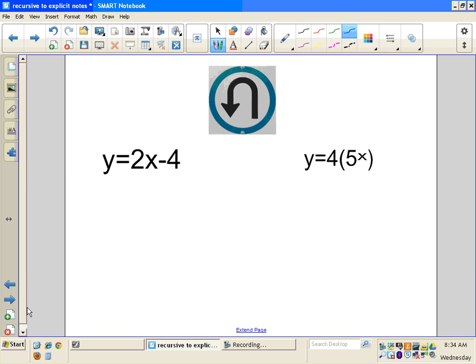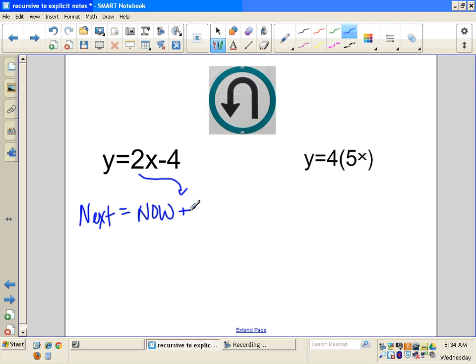Good to remember. What if you want to do a U-turn and go from a y equals equation to an x now equation? Should be pretty straightforward. Take the information from the equation and insert it into the recursive form. Remember, recursive is the next now. So to get to the next thing, I take where I am now, and I'm just going to take this slope and insert it in here.